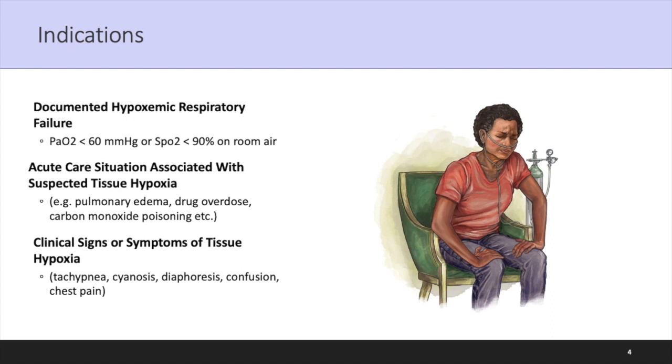They're going to have this high work of breathing, either from pulmonary edema or carbon monoxide poisoning, or they may just have general signs of tissue hypoxia. So we'll stick them on heated high flow nasal cannula to make them more comfortable and reduce their work of breathing, reduce the amount of CO2 that they are rebreathing as well.